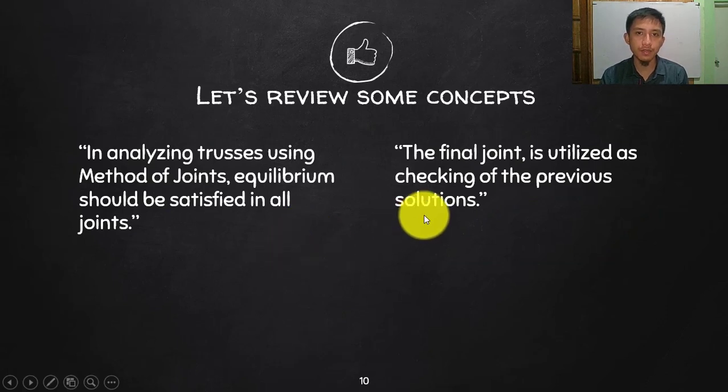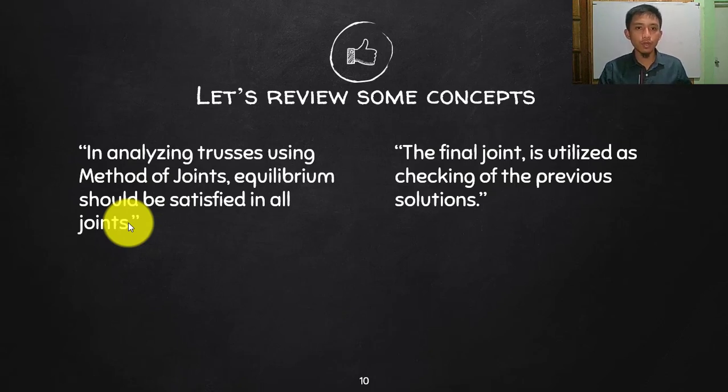Okay, so let's review some of the important concepts discussed in this unit. First, in analyzing trusses using method of joints, equilibrium should be satisfied in all joints. That is the main concept of the analysis of trusses using method of joints. All we need to do is satisfy the equilibrium within the joints, since in the first place the entire structure should be in equilibrium, so that should be true for all of its joints also.